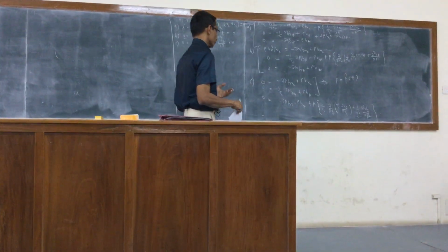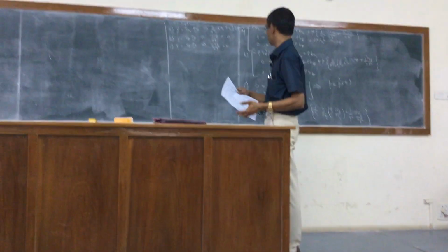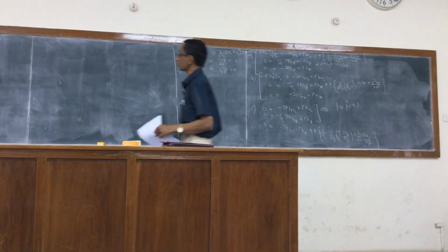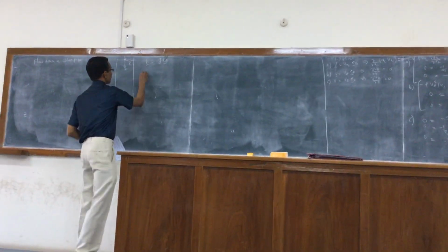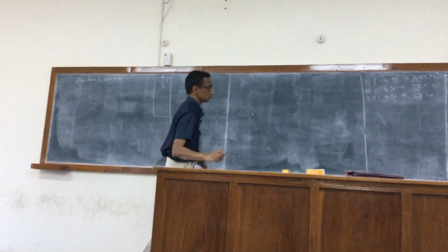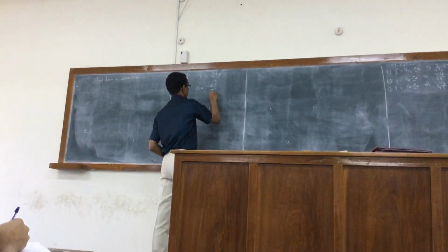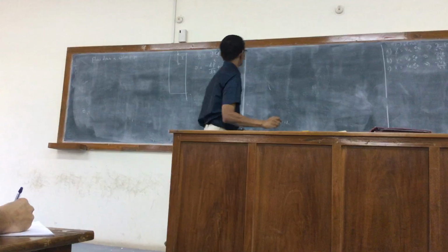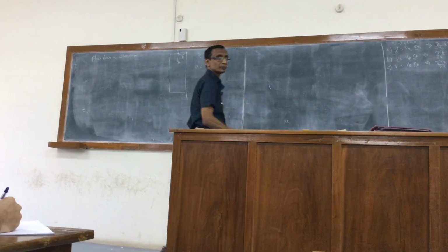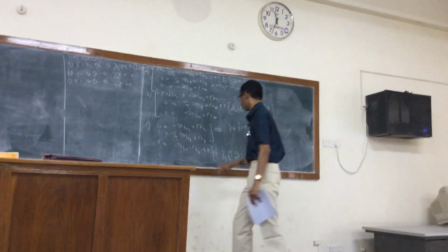So now Vz, of course, is simply V. So if I write the equation of motion in the Z direction, then I get 0 equal to minus dP by dz plus rho times g, right? Because that's the only component of the body force.